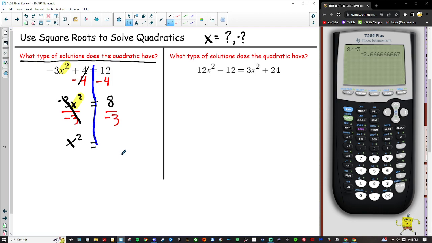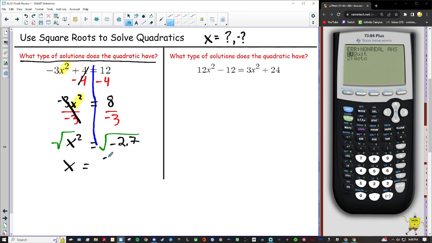So, if I were to round this decimal, negative 2.7, the only way to get rid of this squared is by taking the square root of both sides. And when I take the square root of both sides, I get x on the left. And now, when I try to put the square root of negative 2.7 into my calculator, I get non-real answers.